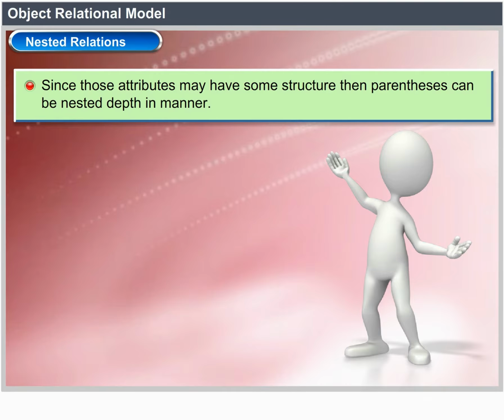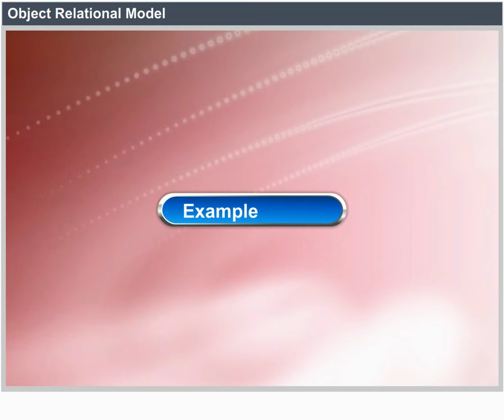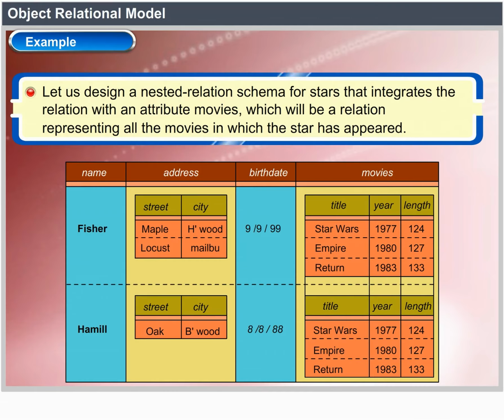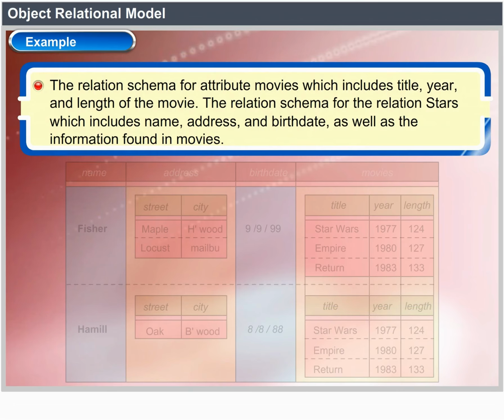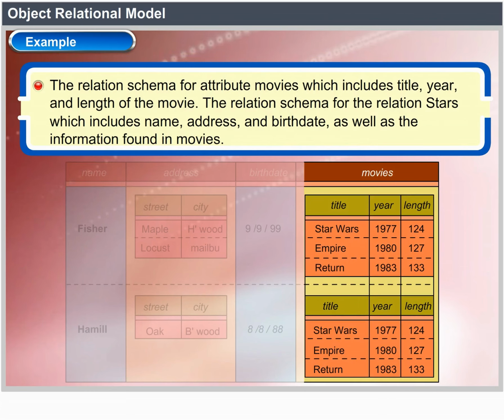Example: let us design a nested relation schema for stars that incorporates within the relation an attribute movies, which will be a relation representing all the movies in which the star has appeared. The relation schema for attribute movies will include the title, year, and length of the movie.